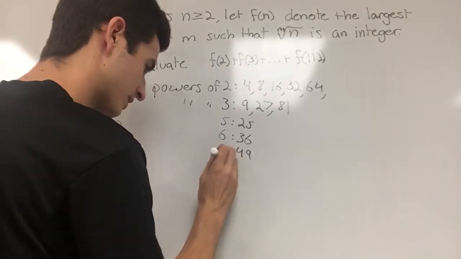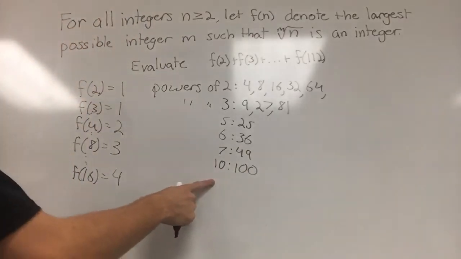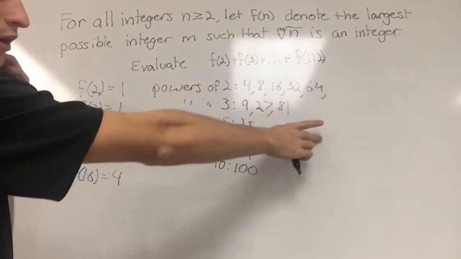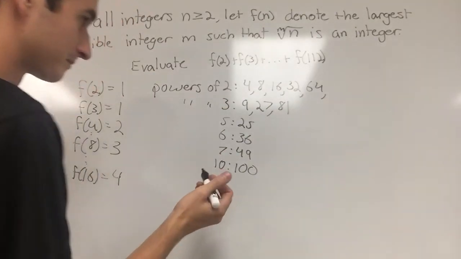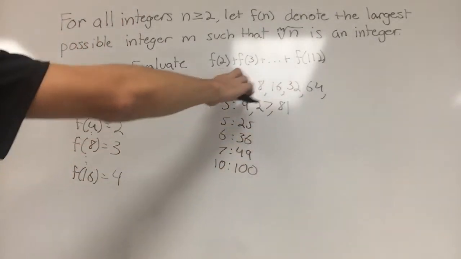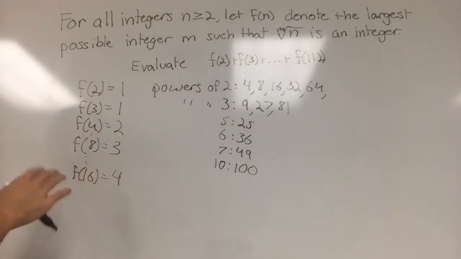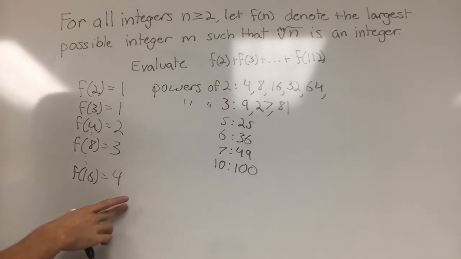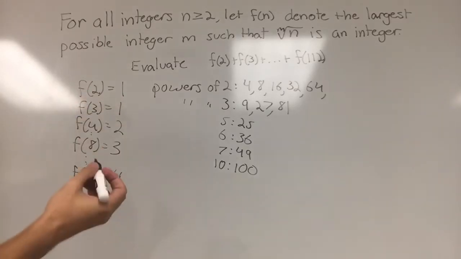So then the next one is 10. And if we look at 11, 11 squared is 121, which is bigger than 112, so we don't need to worry about that. So these are all of the numbers between 2 and 112 that are going to give you a value other than 1. Any other number is going to be 1, like f of 2, f of 3.